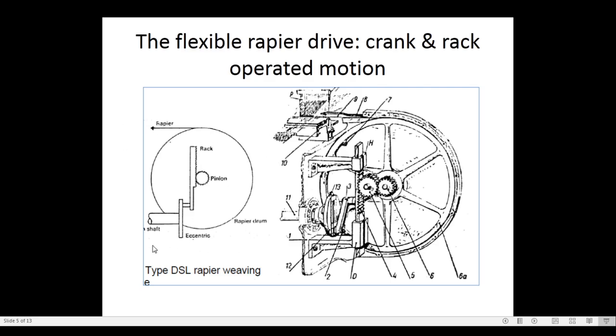So draw the figure of this rack and pinion type drive. Here we can see that the drive is very important because the motion is not simple harmonic. The velocity of the rapier is not the same while going inside the shed and while coming out of the shed. Also, in earlier days we used a larger number of moving mechanical parts in the driving system, so more energy and more force is required.